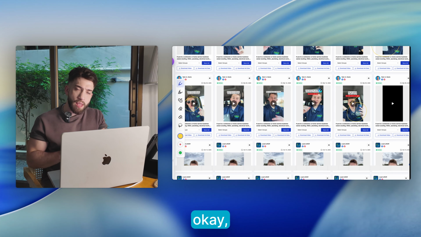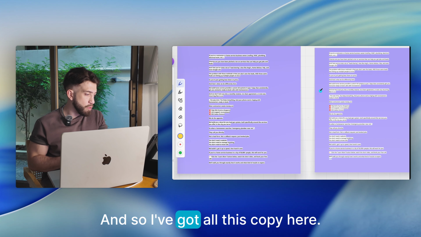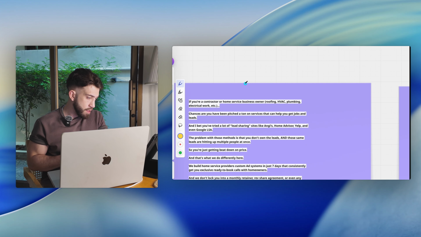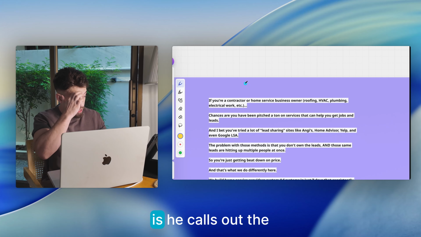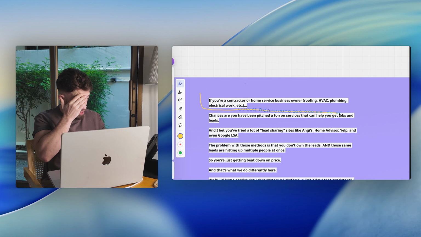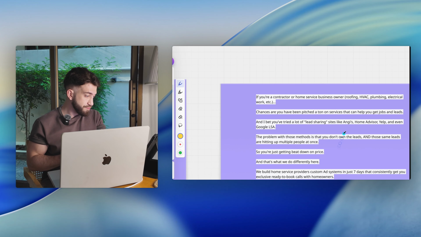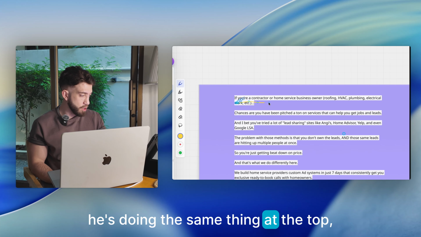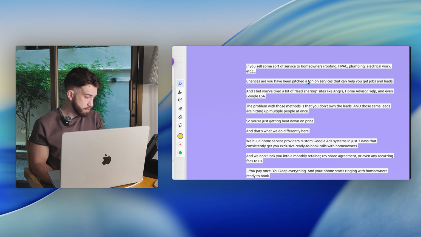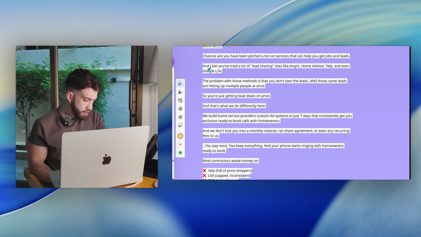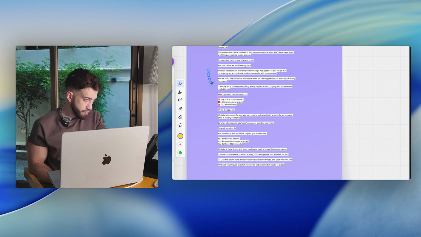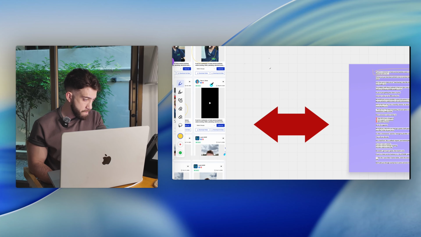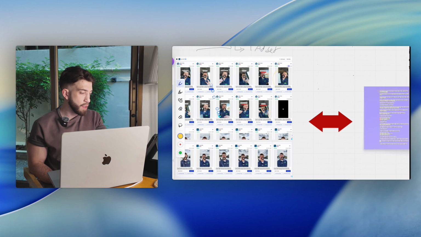And then I was like, okay, let me check this copy. And so I've got all this copy here. Now what you see is he pulls out the ICP here. He's doing the same thing at the top. But actually, all of his ads, in terms of the copy, across every single one, are the same.